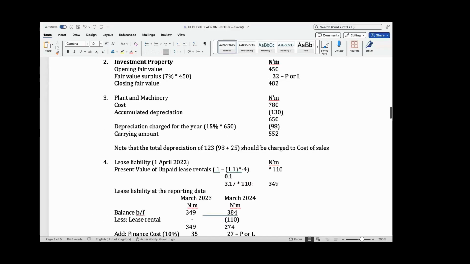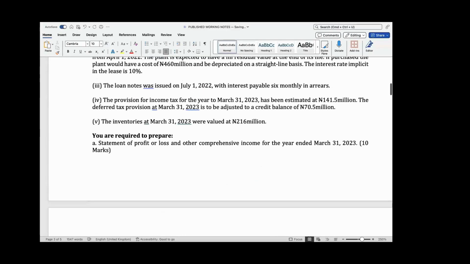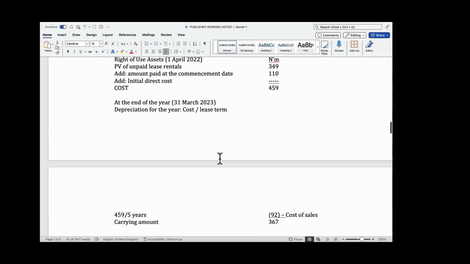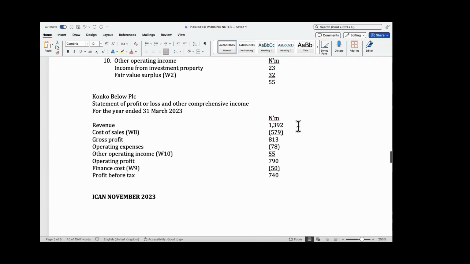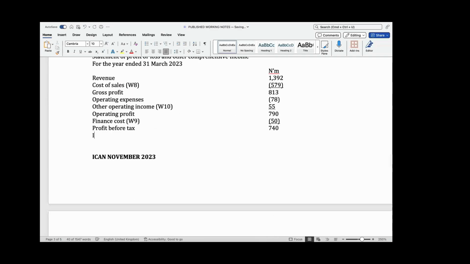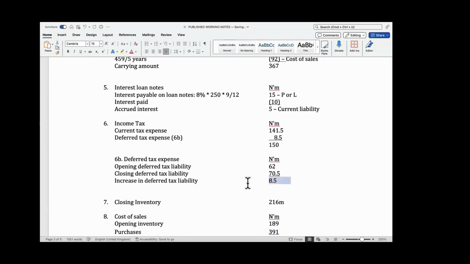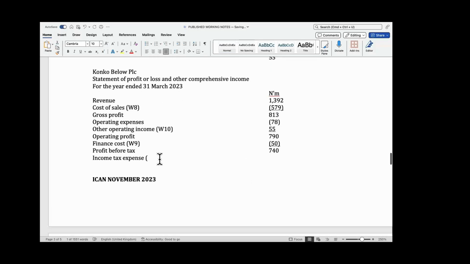I mean, provided I don't have finance income, and judging from these credits, I don't have any finance income. So I'll do my income tax expense, which was working 6, and is 8.5.